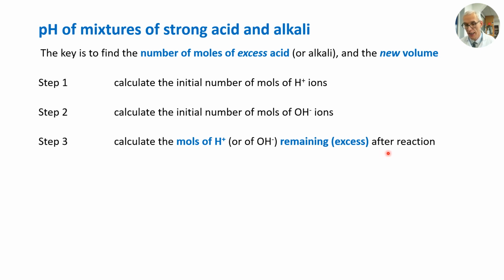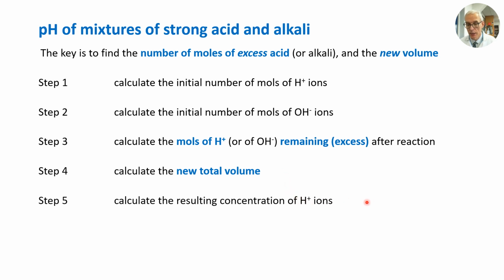That is the excess. Calculate the new total volume. Calculate the resulting concentration of hydrogen ions, and then put that concentration of hydrogen ions into the pH definition to achieve the pH.